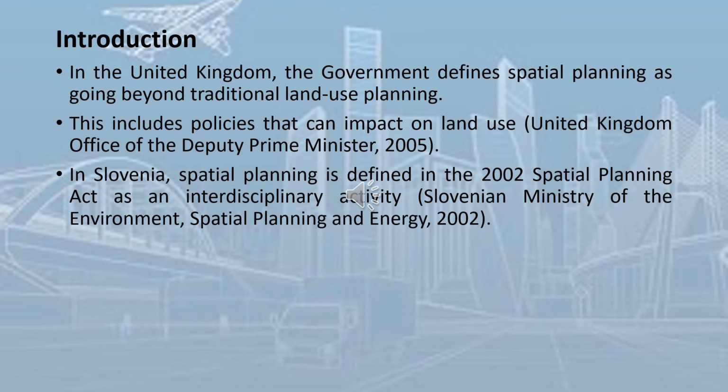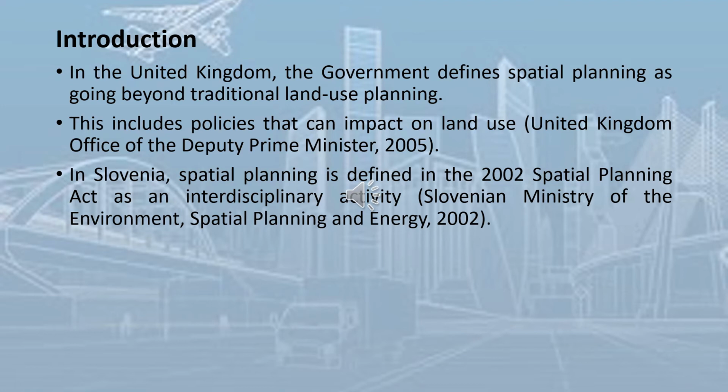Now, in the United Kingdom, the government defines spatial planning as going beyond traditional land use planning. Now, this goes beyond, as we said, the traditional means and methods of planning land use so as to integrate policies for the development and use of land with other policies and programs that influence both the nature and function of places.